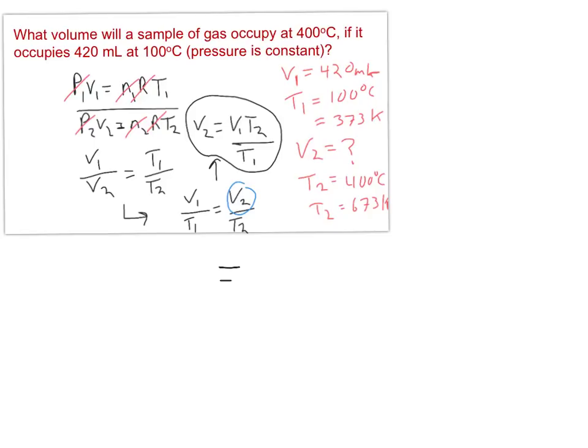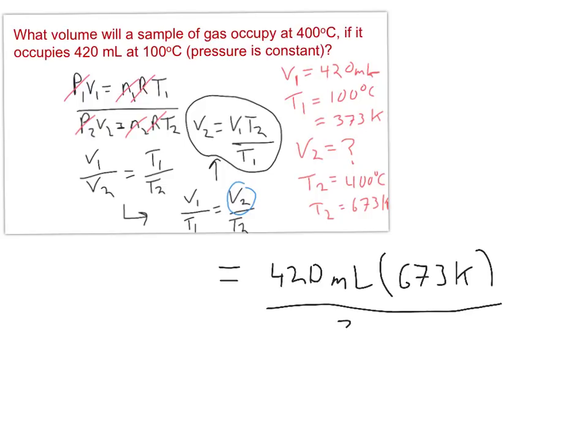Now plug and chug: 420 milliliters times 673 Kelvin divided by 373 Kelvin. We're left in a volume in milliliters. If I do my math correctly, I get 758 milliliters.